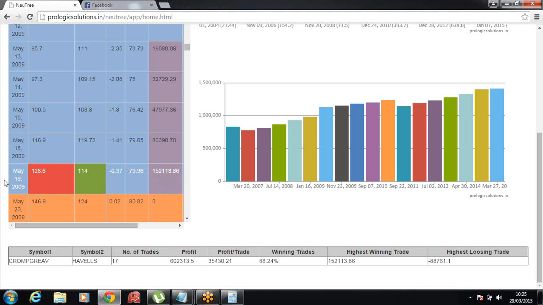That is May 9th, 2009. So roughly around 1 lakh rupees was your investment. You have made 1,50,000 rupees. That is nothing but 150% return on your investment. So I am just showing it to you here. This is the final turnover, 1.11 lakhs.